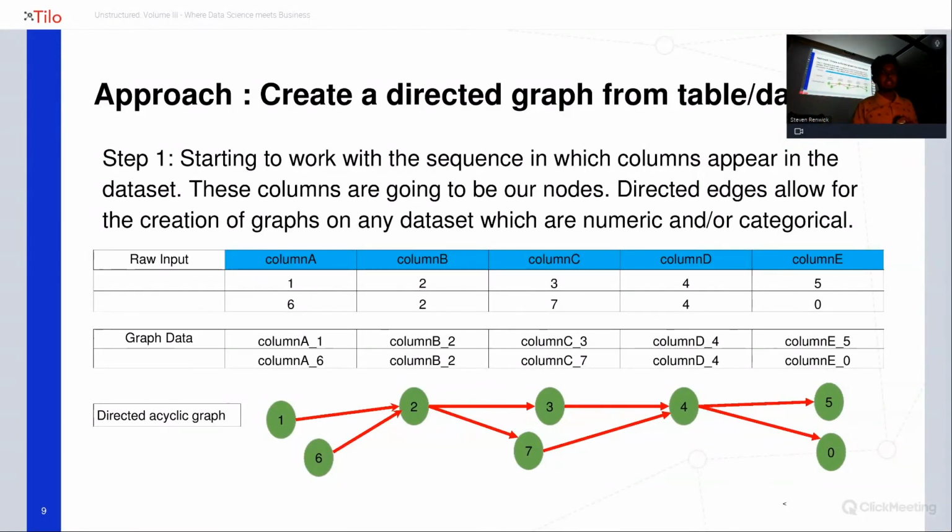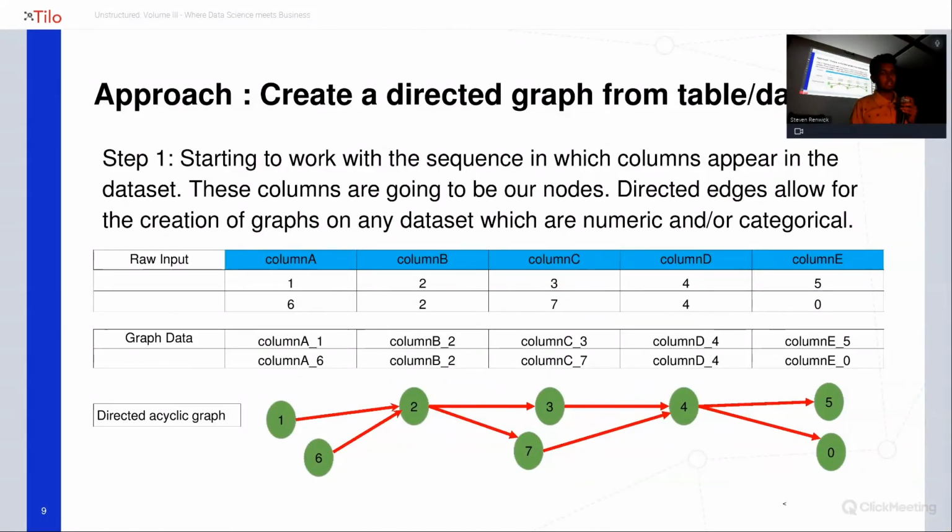Okay, so I would say, assume this is raw data where you have just tables, with columns and rows, right? Now you will see it looks weird, but that is how we were thinking. So what I did, I just converted each column and row into a node.